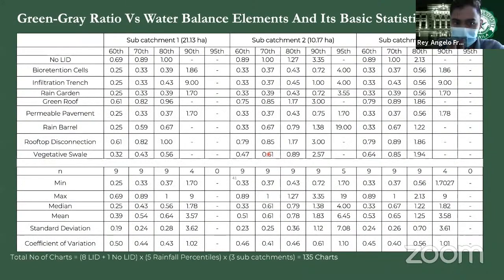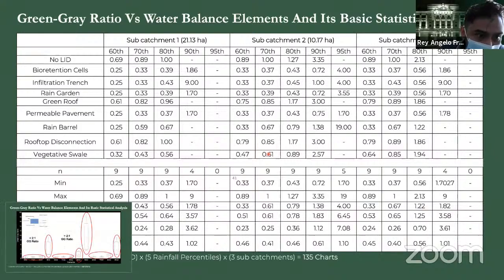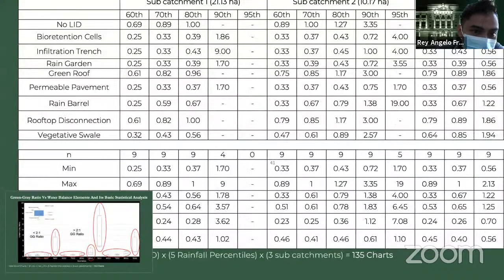These are the results from subcatchments 1, 2, and 3 of all the LIDs, with the green-gray ratio where they intersected: 0.69, 0.99, and so on. As you can see from the no-LID, the bioretention cell decreases runoff. We actually do not need a higher ratio.